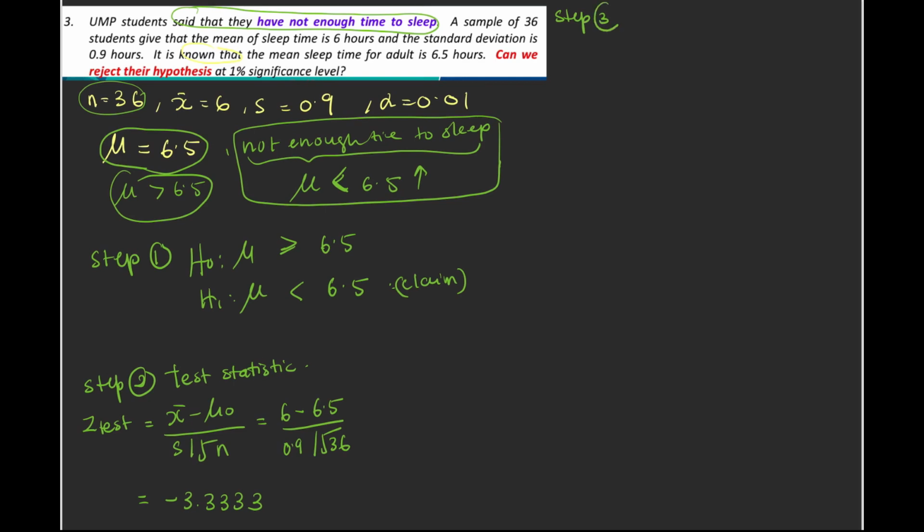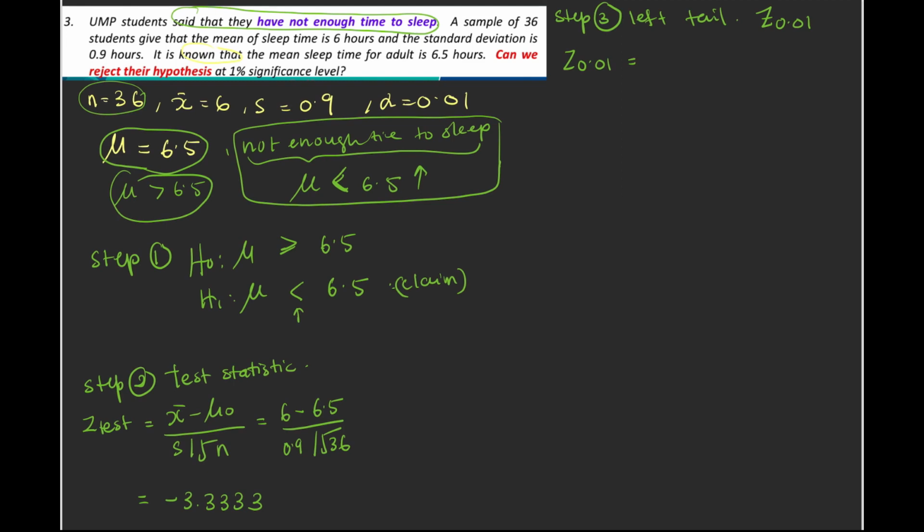Okay, continue. Step 3, one tail or two tail? One tail. Right or left? Left, because of the less than. So left tail. So Z 0.01, look at your stat table.